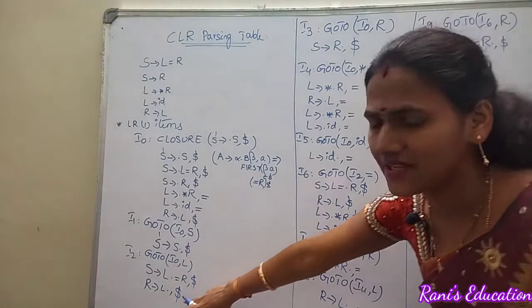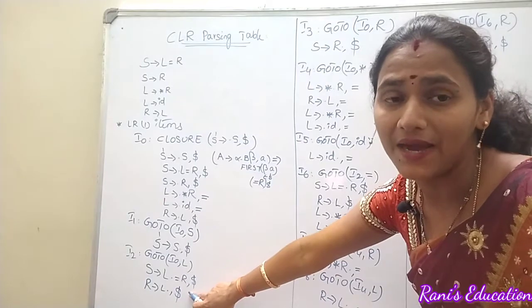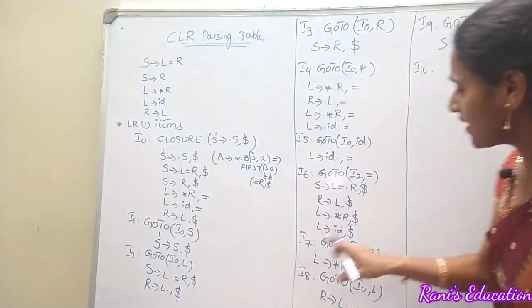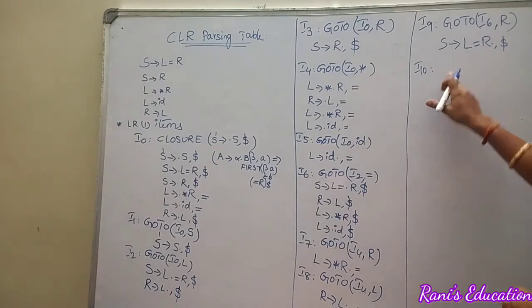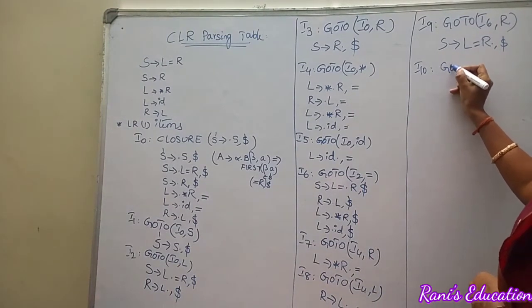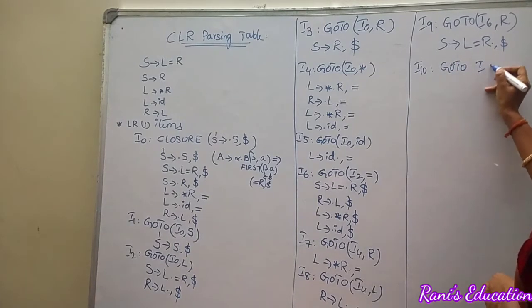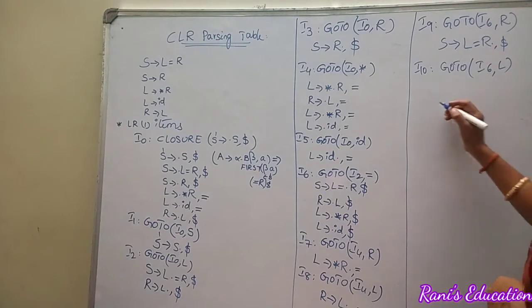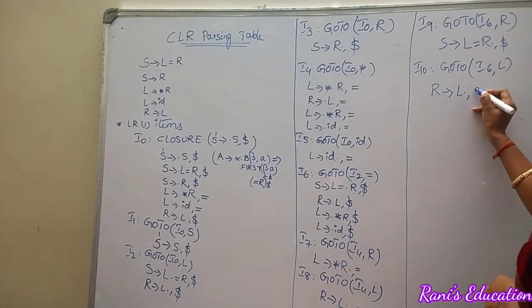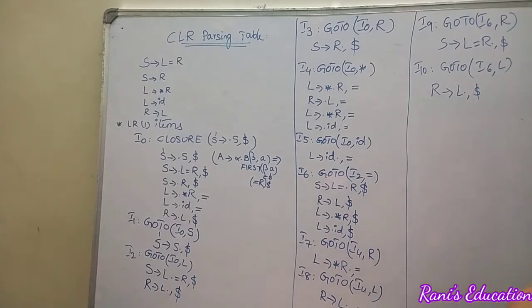We have completed this, but we didn't complete by creating one item separately. So that's why we are going to create one item for completing this production. That is, go to of I6 comma L. Now the production becomes R derives L dot whose look ahead is dollar.